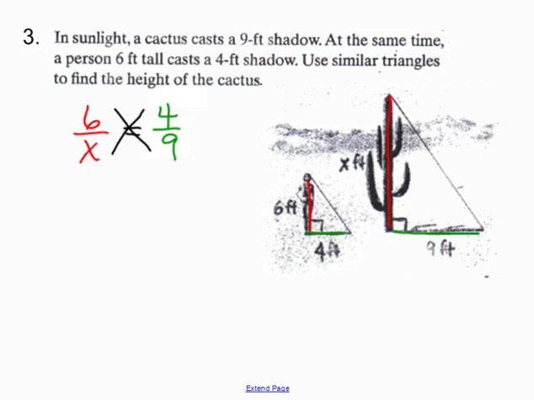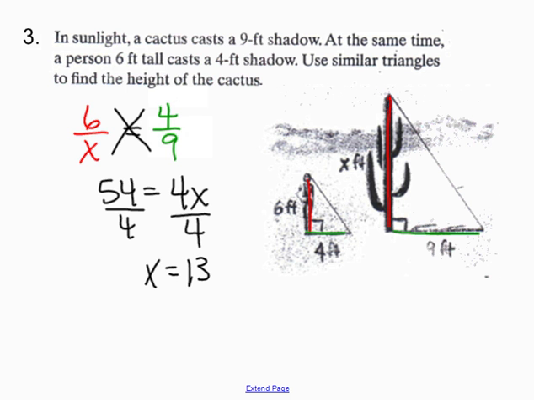So we get 54 equals 4x, and divide by 4. I don't remember what that is either. Now, what label are they using? They're using feet.